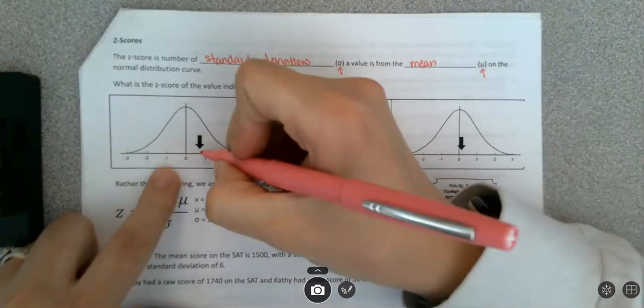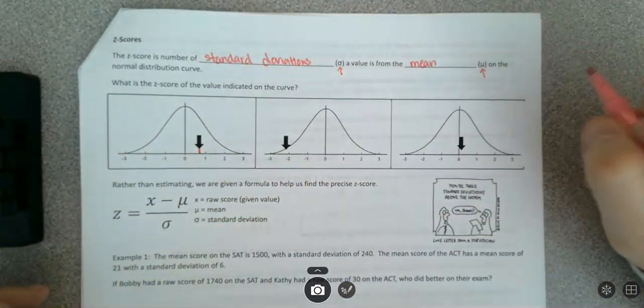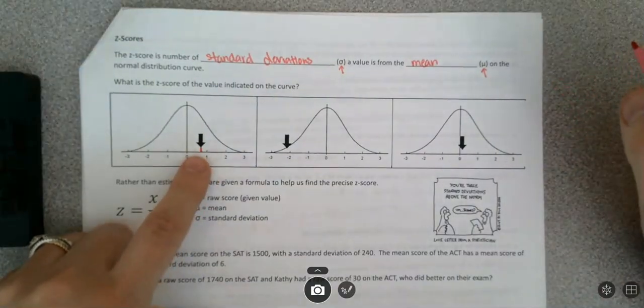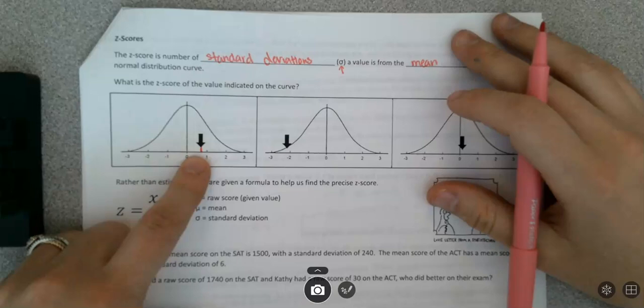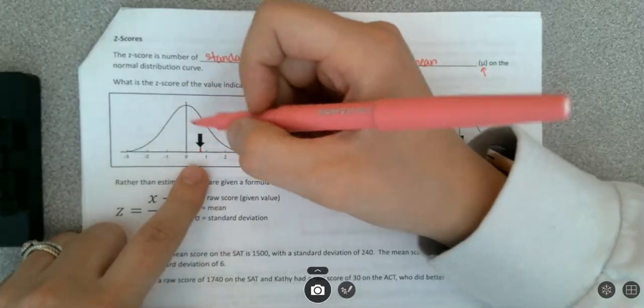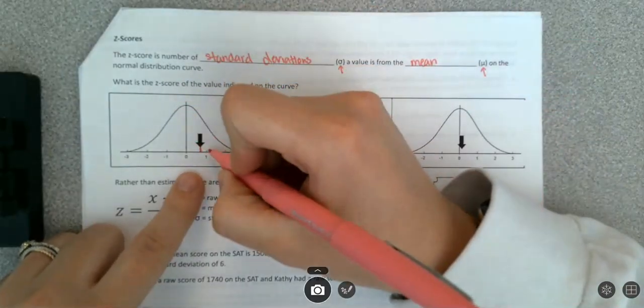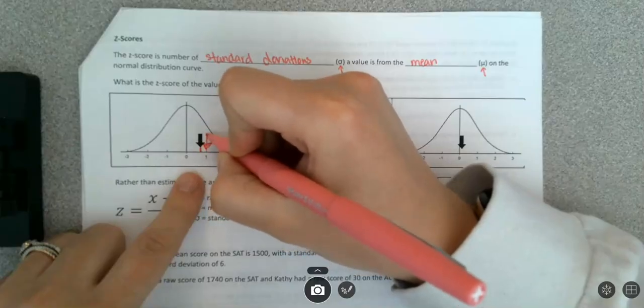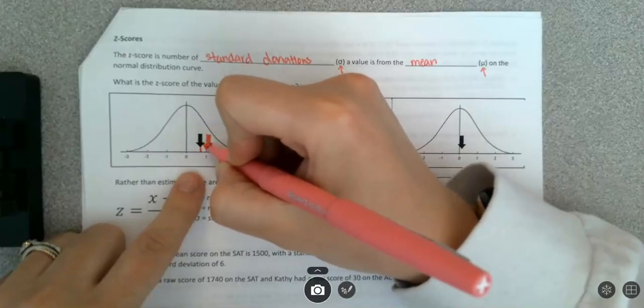So these first questions are, what is the z-score of the value indicated on the curve? The value indicated is right here. I guess Google Docs didn't like us when we printed this. This arrow is supposed to be right here, I promise.